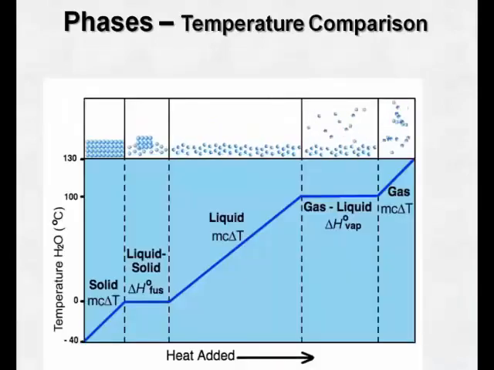Next we are going to see about phases and their temperature comparison. Look at the figure. It shows a phase transformation by increasing the temperature. On the x-axis, it is heat added. On the y-axis, temperature. At minus 40 degrees Celsius, it is like ice, a solid. Up to 0 degrees Celsius, it will be in solid mode.